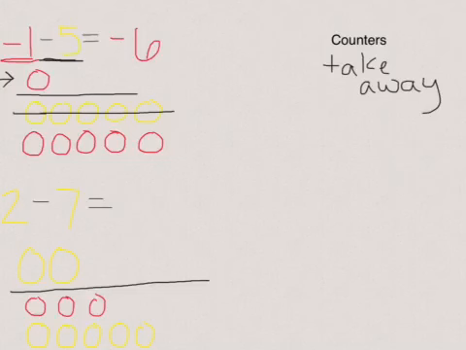And so now we see that 2 plus -5 plus +5 right now still equals 2. So now we can go ahead and take away our 7 positives, and what we'll see is that we're left with 5 negatives. So -5.